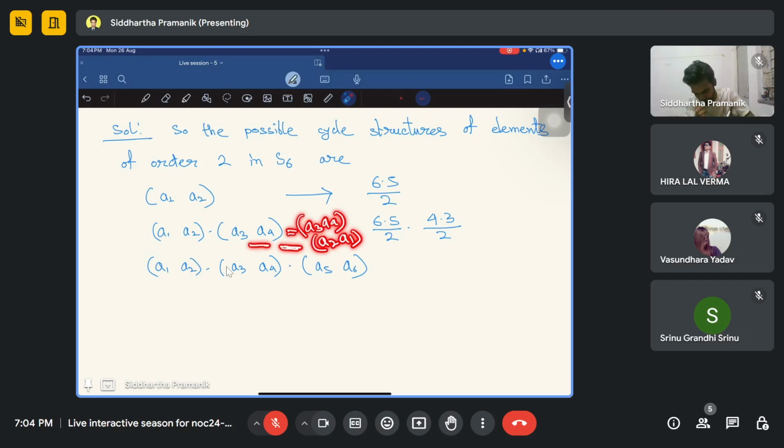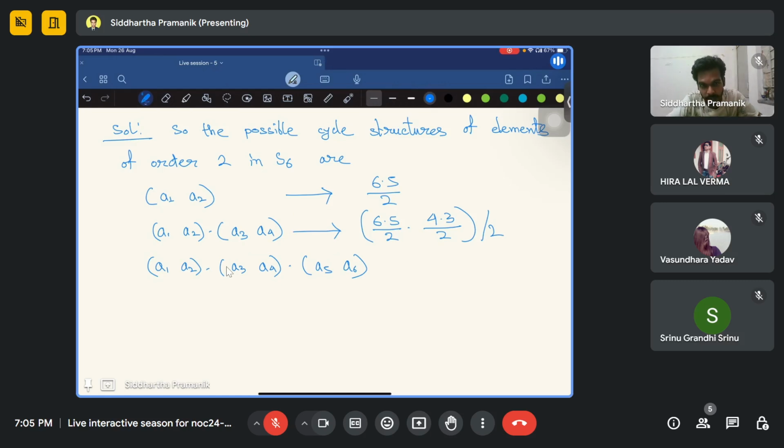These two permutations are the same, so again we need to divide by 2. We need to exclude the similar elements because we are counting distinct elements.